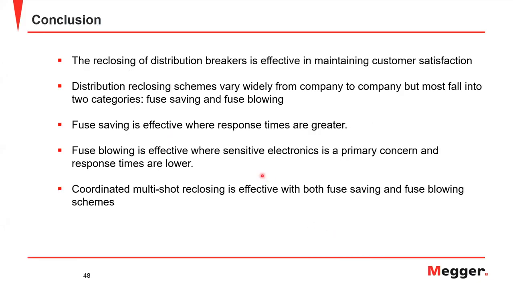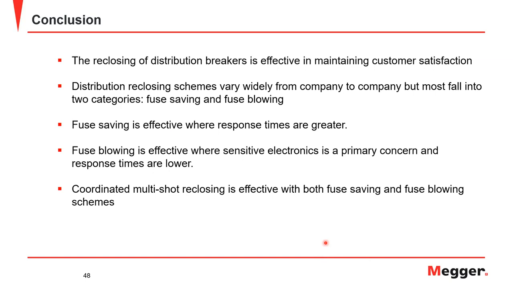Okay, so in conclusion, the reclosing of the distribution breakers is effective for maintaining customer satisfaction. Reclosing schemes vary pretty widely, but they generally will fall into the 2 categories of fuse saving or fuse blowing. Fuse saving is effective where response times are great.